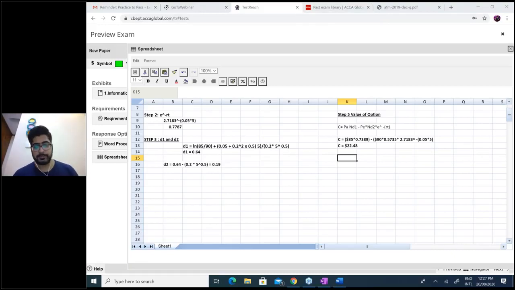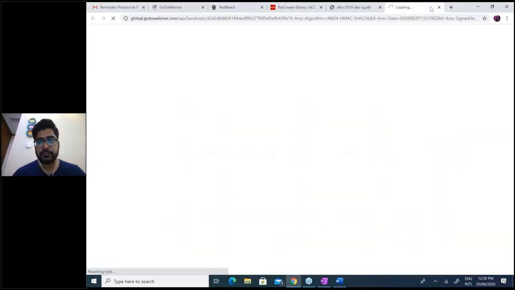Now, one thing that the question told you in this part A, that you need to show the assumptions as well of Black-Scholes option pricing theory. You need to show the assumptions as well.